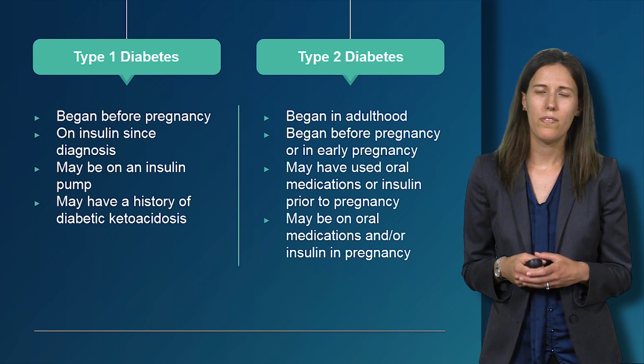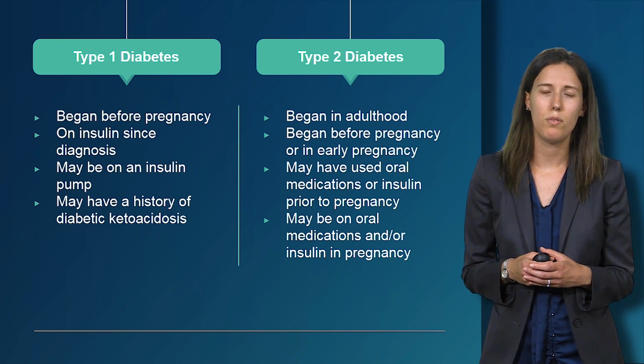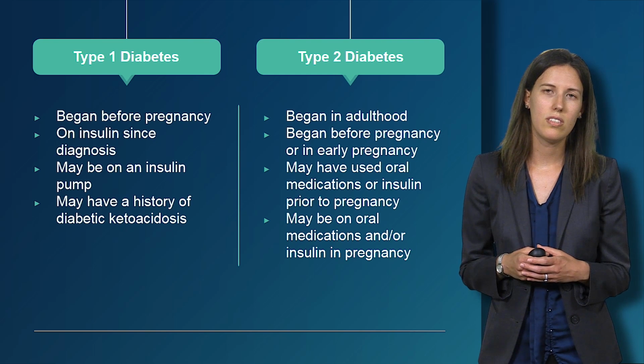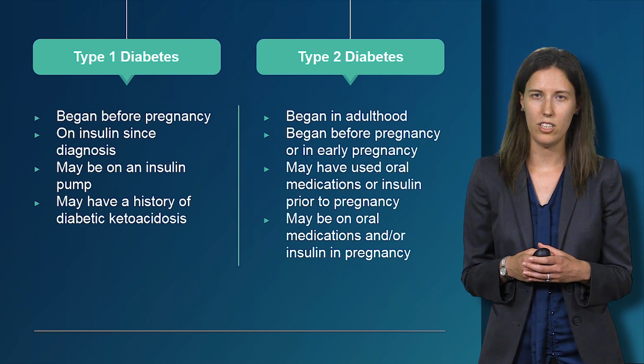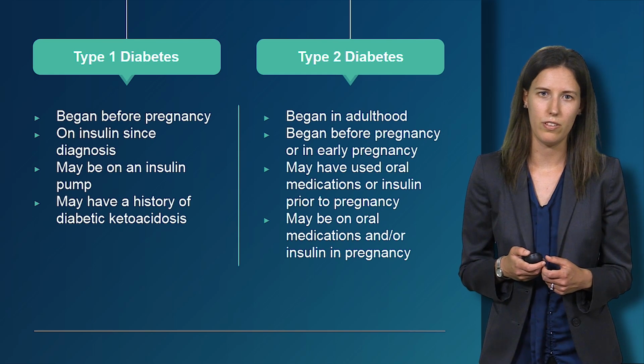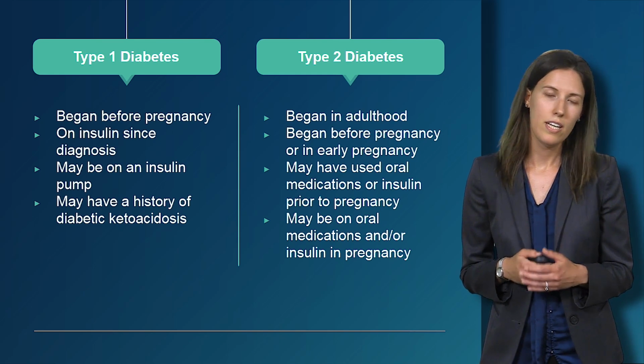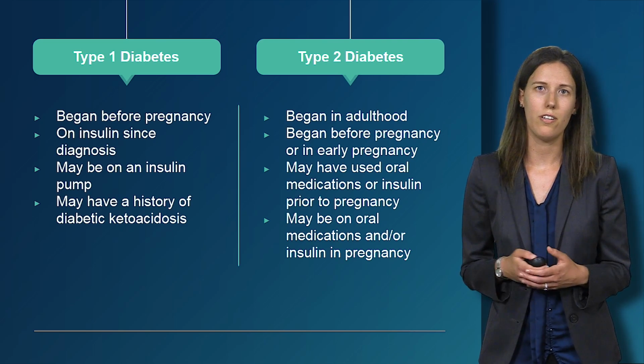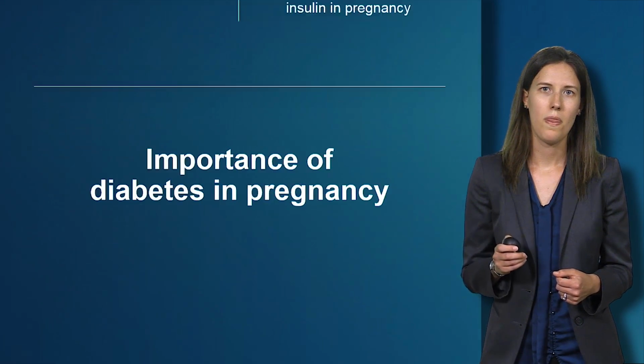So a patient on metformin, that is a clinical clue that they may have type 2 diabetes, although there are exceptions to this, and sometimes diabetes medications such as metformin are used for other indications such as polycystic ovarian syndrome with infertility. So it is important to ask the patient why they are on the medications they are on.